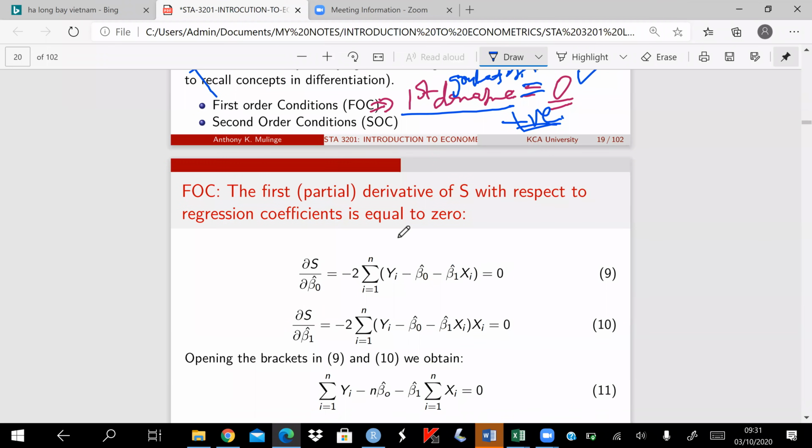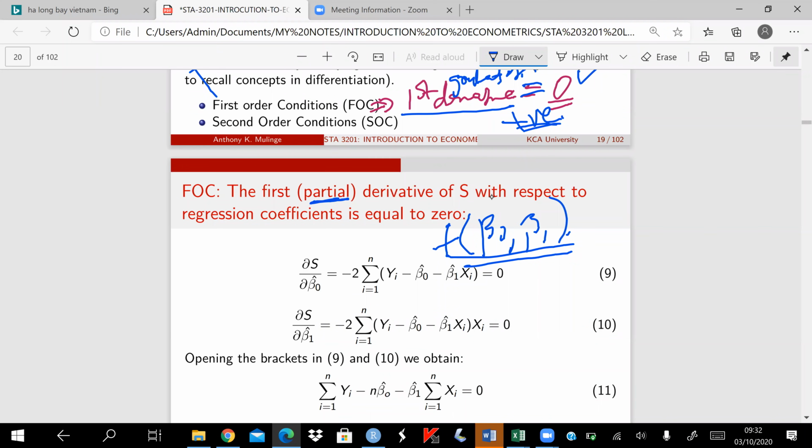The first order derivative is a partial derivative because this is a function of beta naught and beta 1. So we are differentiating first with respect to beta naught, then we differentiate with respect to beta 1.